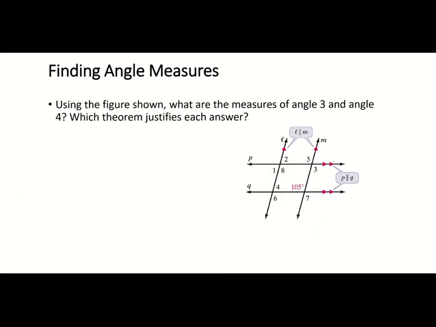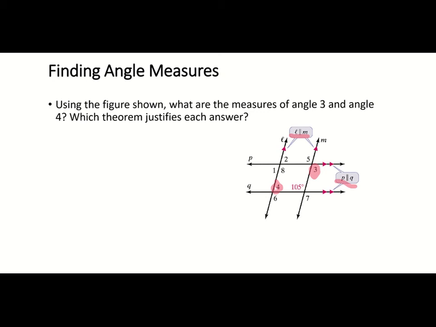Okay, so now we are using the figure shown. We want to know the measures of angle 3 and angle 4 and which theorem justifies our answer. So if we take a look here, here is angle 3 and here is angle 4. From the information given, I know that L is parallel to M and P is parallel to Q. So let's start with angle 3.